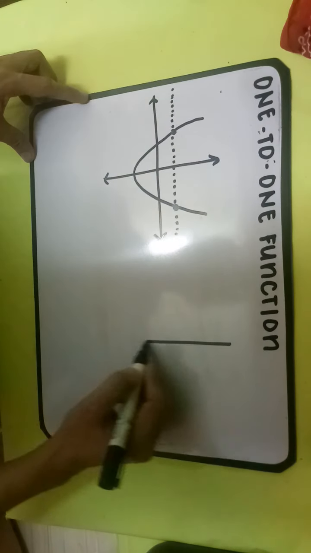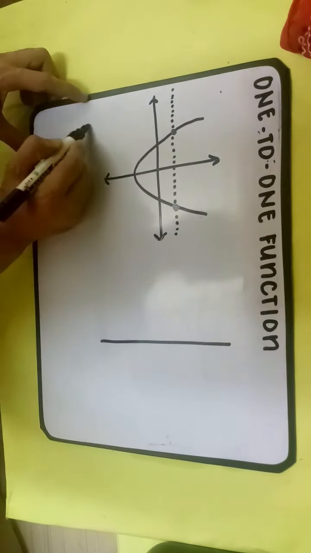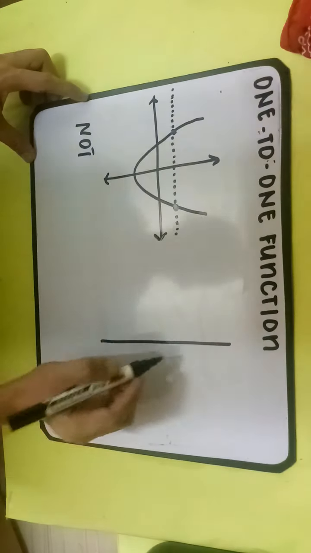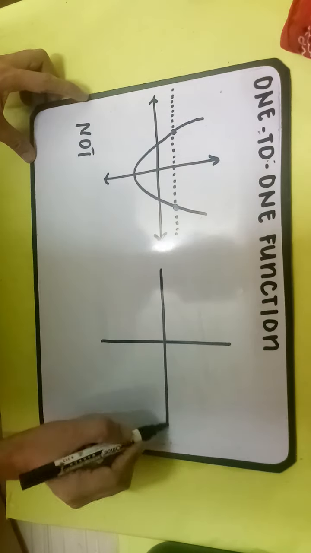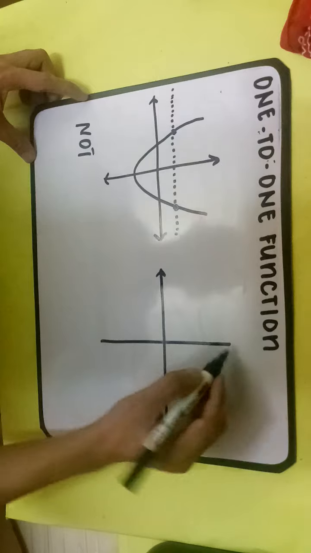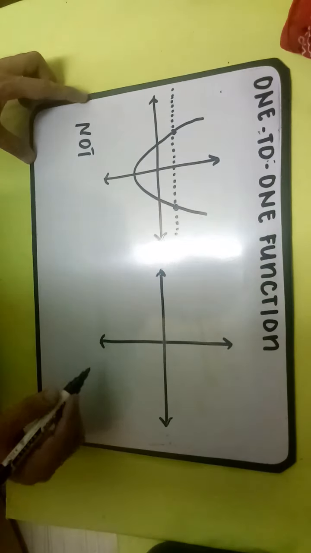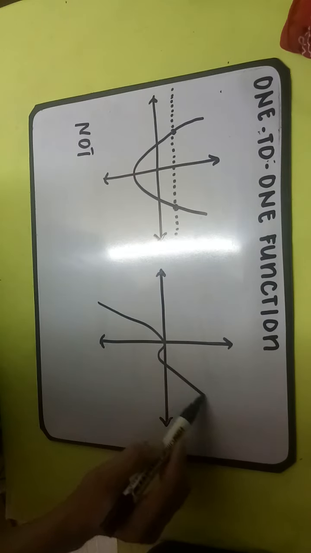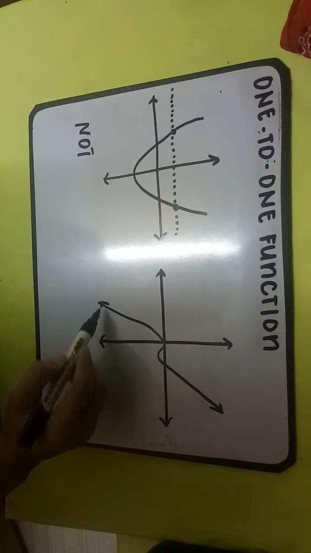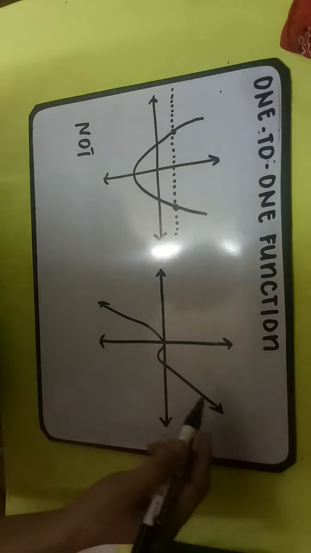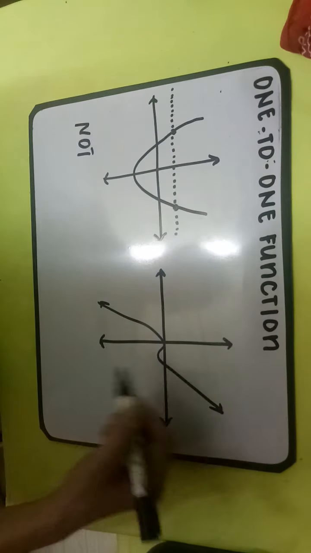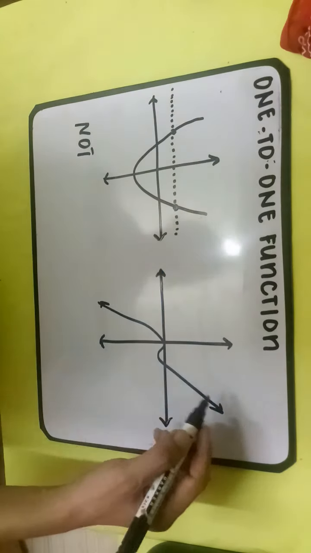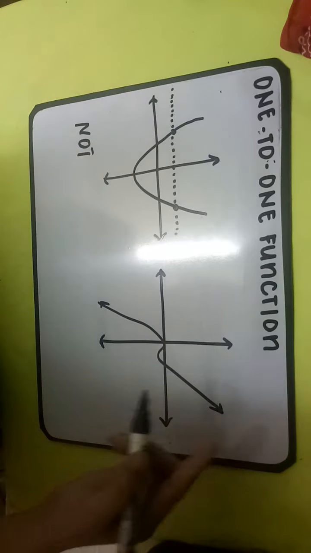Another example, if this is the given graph, so it is still represent a function because if you apply a vertical line test, it only intersect the graph one time.